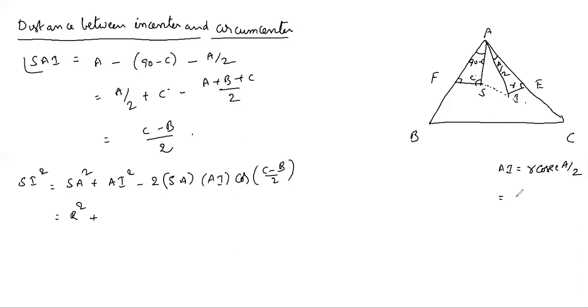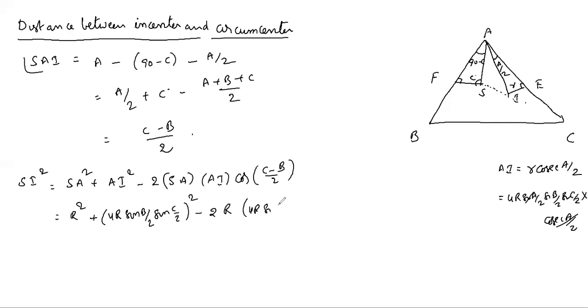So r you can write as 4R sine A by 2, sine B by 2, sine C by 2, into cosecant A by 2. So cosecant A by 2, sine A by 2 will cancel. So AI you can write in circumradius as 4R sine B by 2, sine C by 2. So SI square equals R square plus 4R sine B by 2 sine C by 2 whole square minus 2R, then 4R sine B by 2 sine C by 2 cos of C minus B by 2.